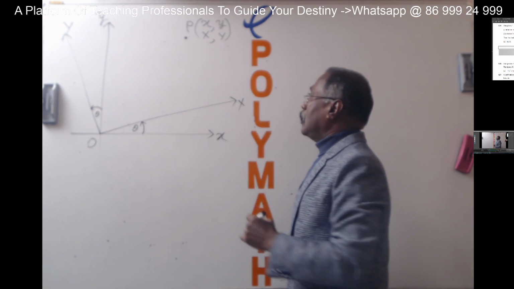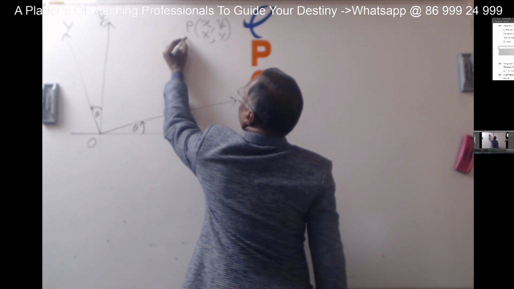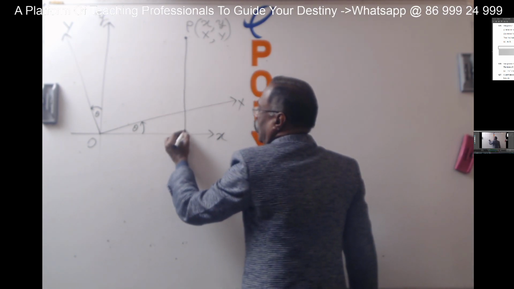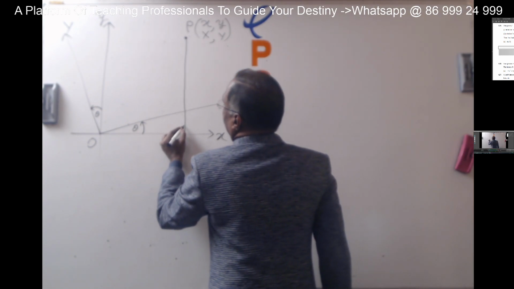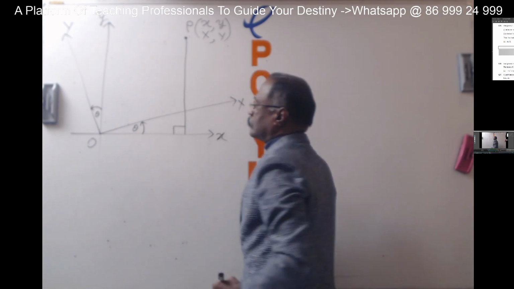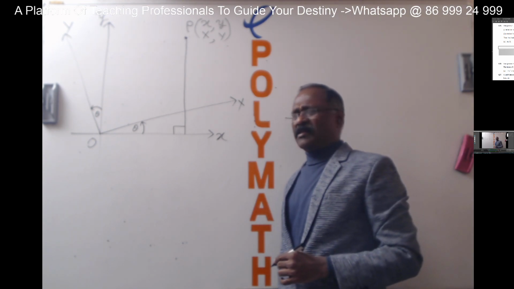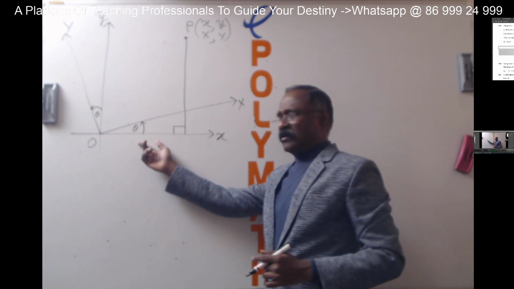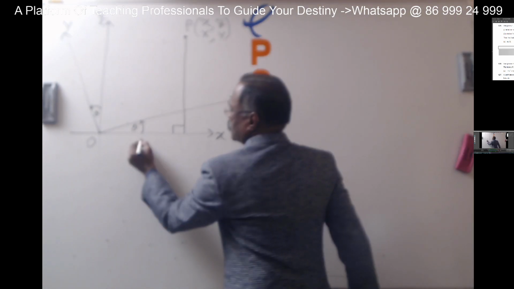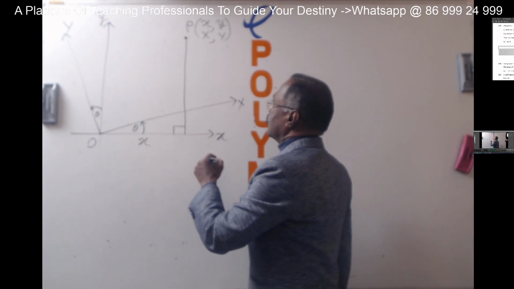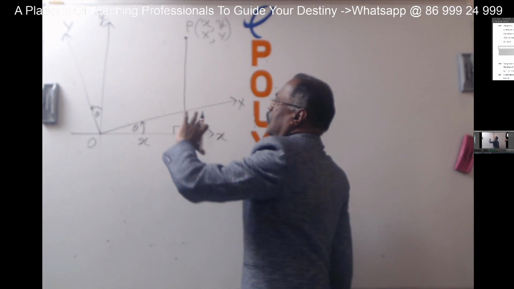Okay, now let me do this. Let me drop a perpendicular from P onto the original axis. Why always perpendicular? Because the distances can be located. This distance is small x here, and the total distance is capital Y there.